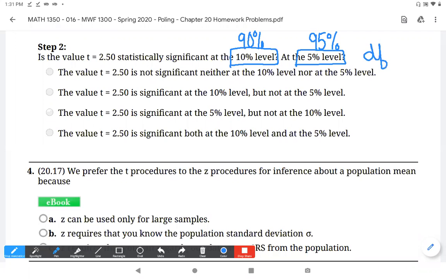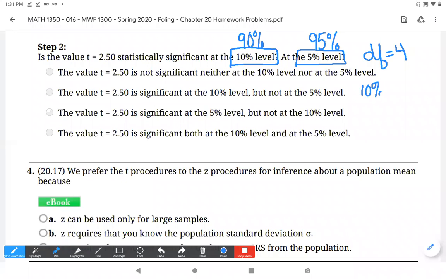Let's compare the results of a degrees of freedom 4 and see what the table tells us.